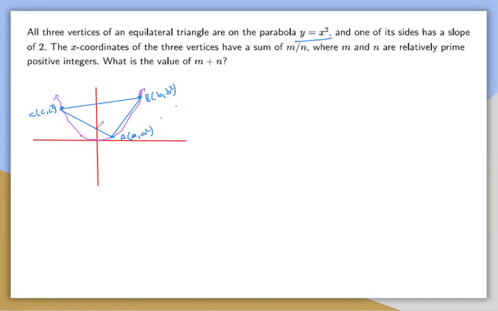Based on this drawing, the only line that looks like it has a slope of 2 is between A and B. So let's say this is equal to 2. The difference between the y's is b squared minus a squared over b minus a. This is a difference of squares, which gives us (b minus a)(b plus a). If you divide by b minus a, you will get b plus a.